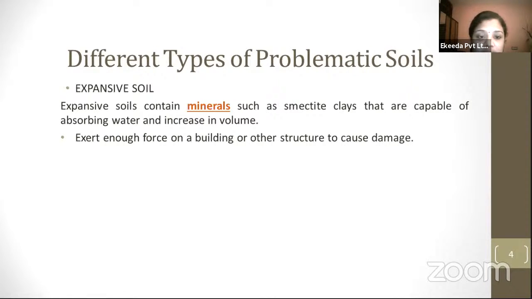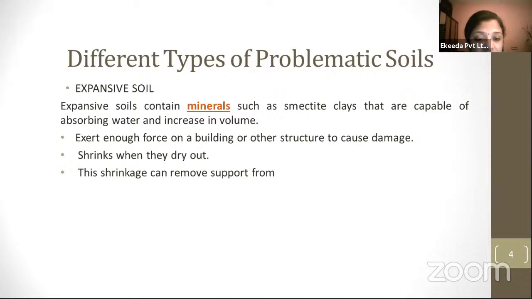So when water is applied to the soil, it undergoes rapid expansion and thereby causes additional load to the building. That type of soil is called expansive soil. And another characteristic of the soil is that when it dries out, it suddenly shrinks. So there is a rapid change in the volume of this type of soil.